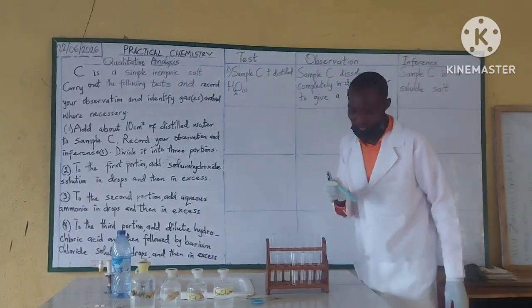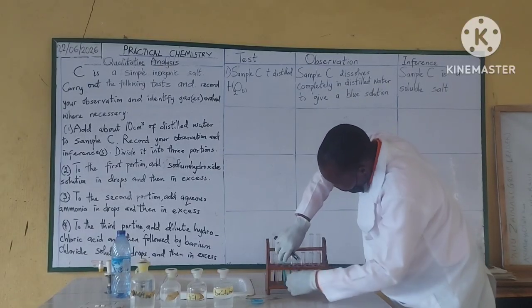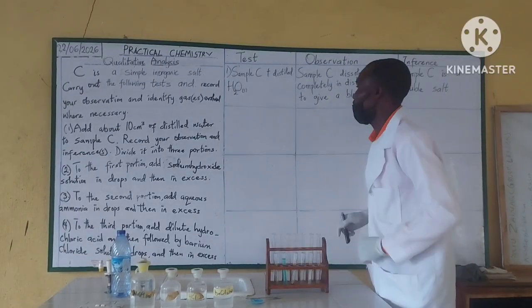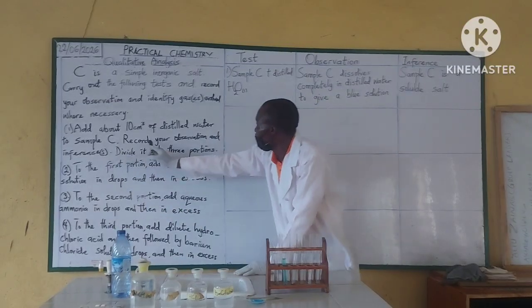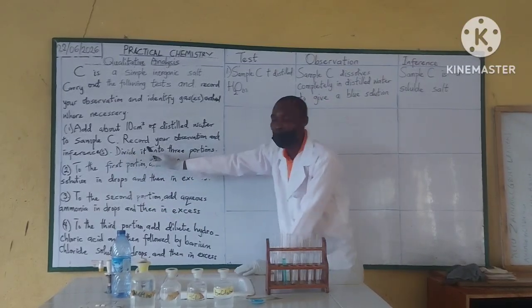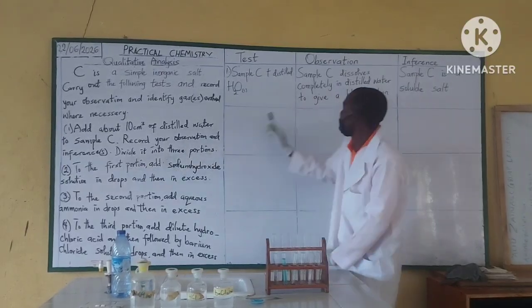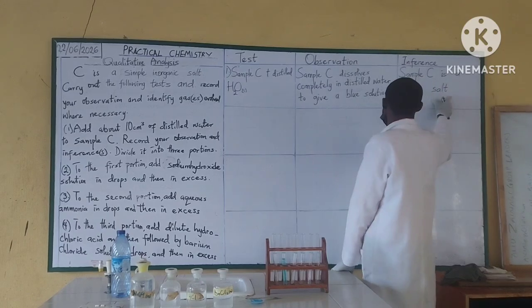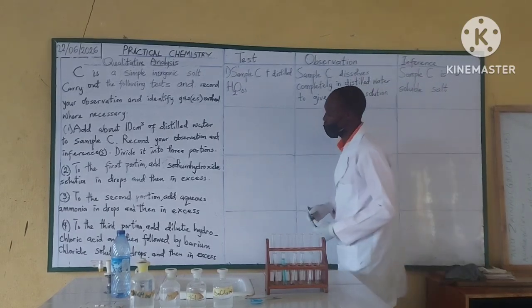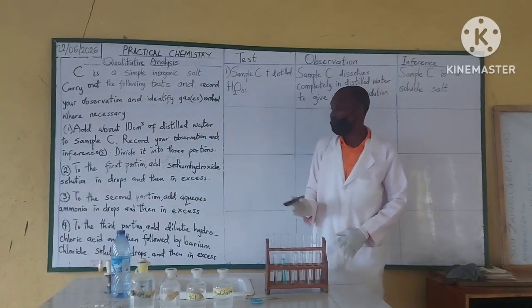Now, having done this, we move to the next phase of instruction. The next phase of instruction says, record your observation and inferences. Of course, we have recorded our observation, and then this is the inference. The next thing is, we say, to the first portion of the solution.